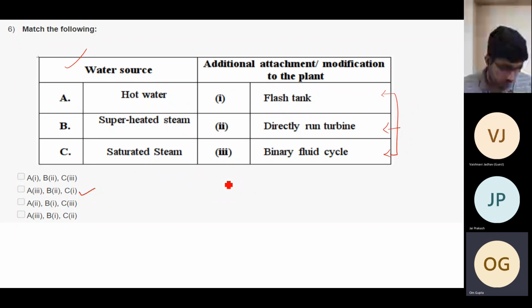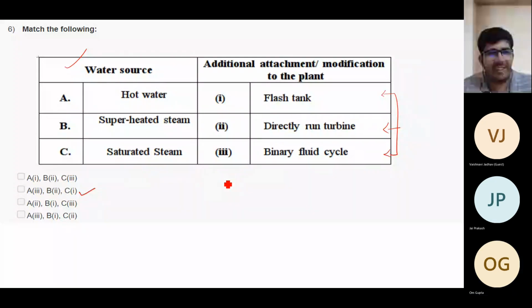One question is this: match the following can also have multiple choice. So MSA, multiple select answer, maybe. Whenever you are doing any assignment or any question or any quiz, just read the question carefully.